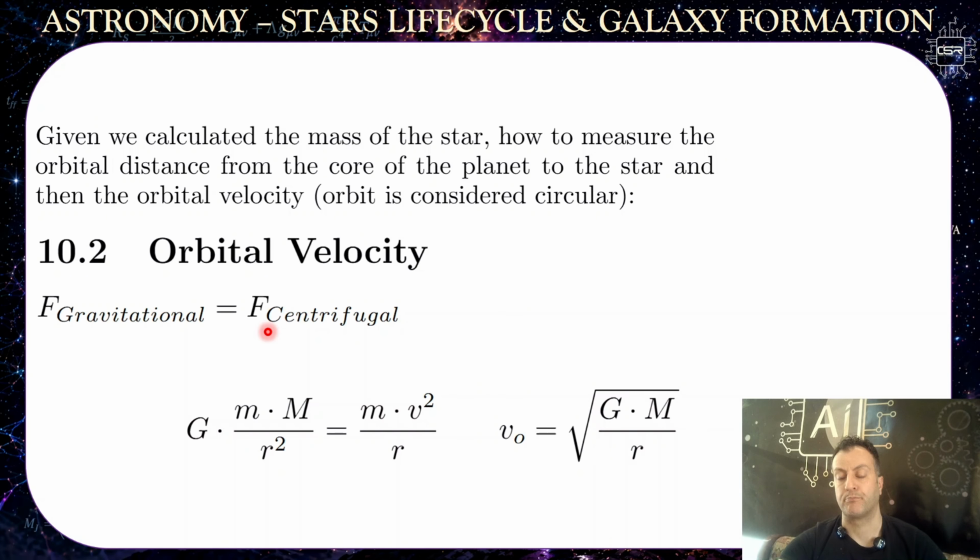So the gravitational force is given by G m M divided by r squared, which is equal to m v squared divided by r, where lowercase m is the mass of the planet orbiting the star and capital M is that of the star itself. So the velocity, which is a constant in such a case because you have a circular orbit, is a uniform velocity, constant speed with no acceleration. So v0 is equal to the square root of GM over r. That would be the tangential velocity of the planet around the star.